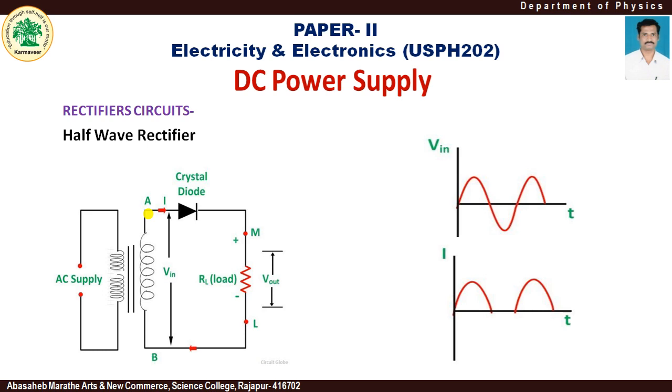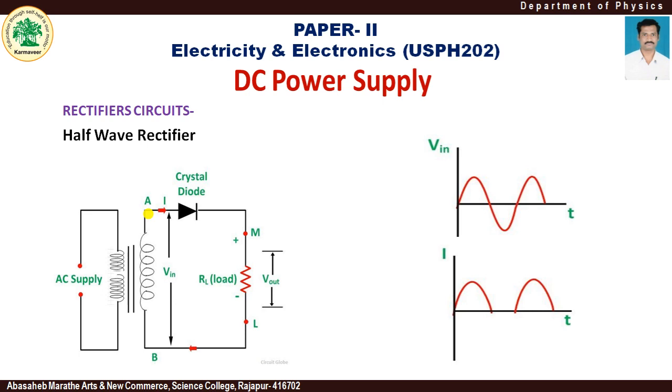So in India the AC mains signal changes sinusoidally with a frequency of 50 hertz, and therefore it has to be converted into DC voltage. The device which converts AC current or AC voltage into DC current or DC voltage is called a rectifier.